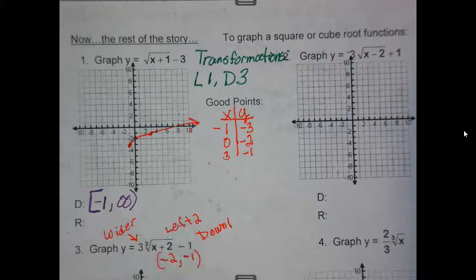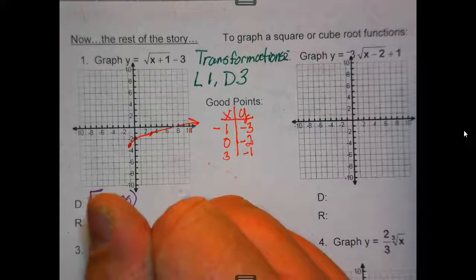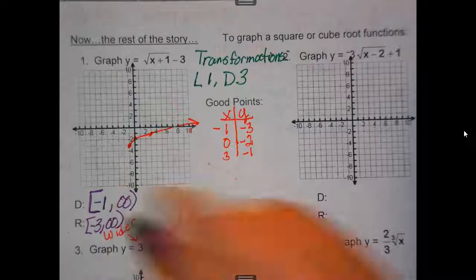Now, the negative infinity, positive infinity is for the cube root, both domain and range. What's our range? It's going to be our k, which is -3 and positive infinity.